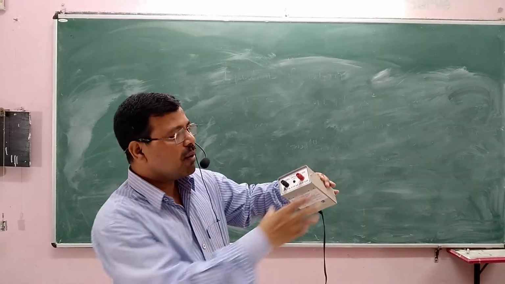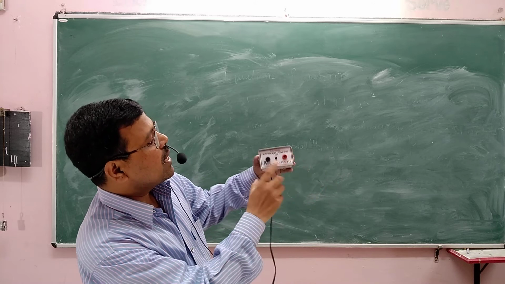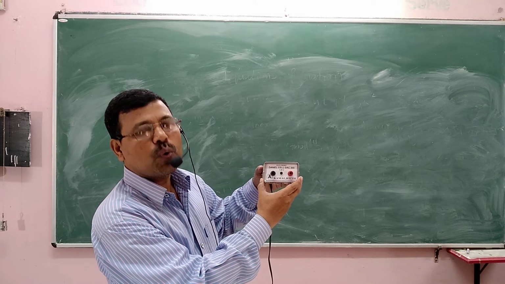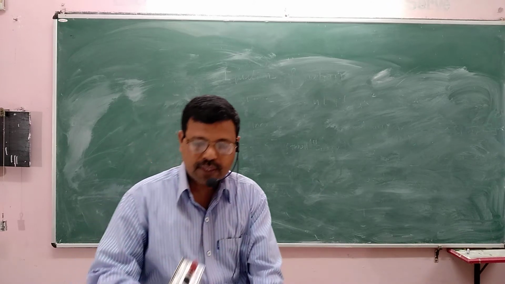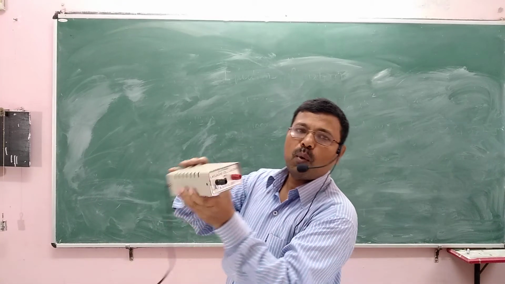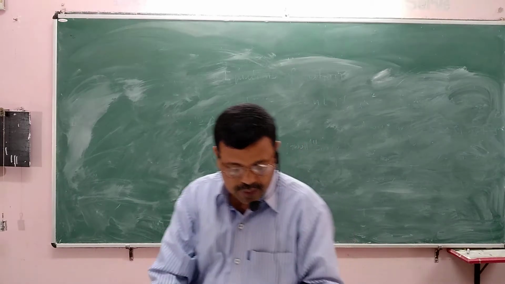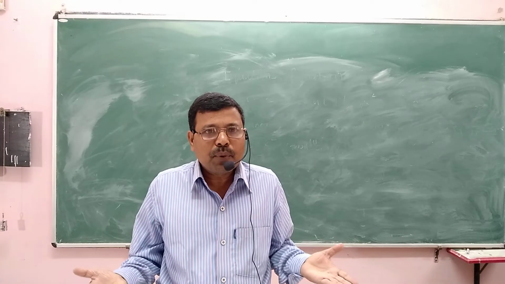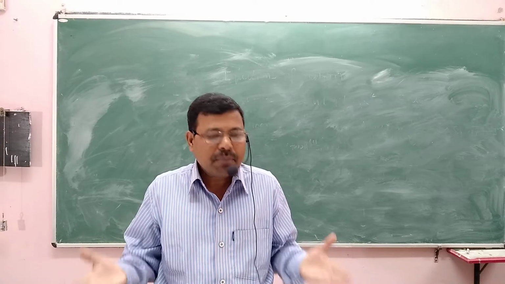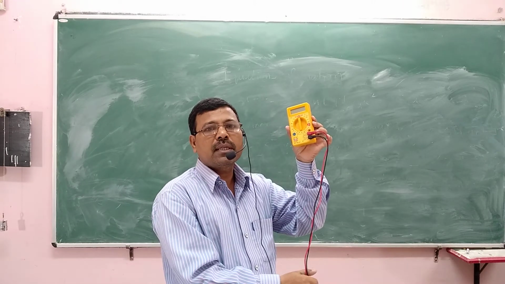The EMF of the Daniell cell is 1.08 volt, whereas the EMF of the Leclanche cell is 1.46 volt. The EMF or the potential difference can be measured using a multimeter.